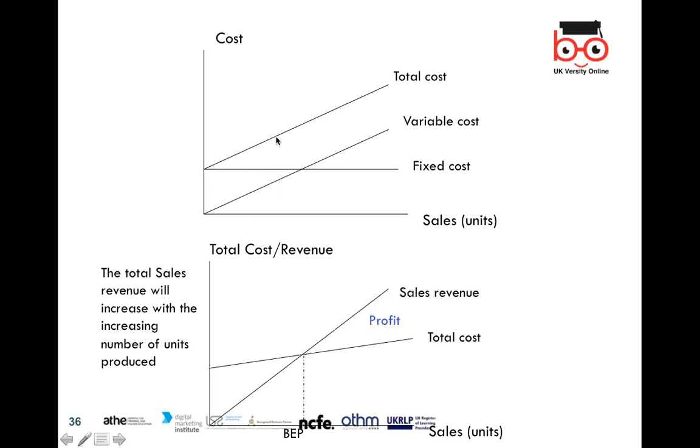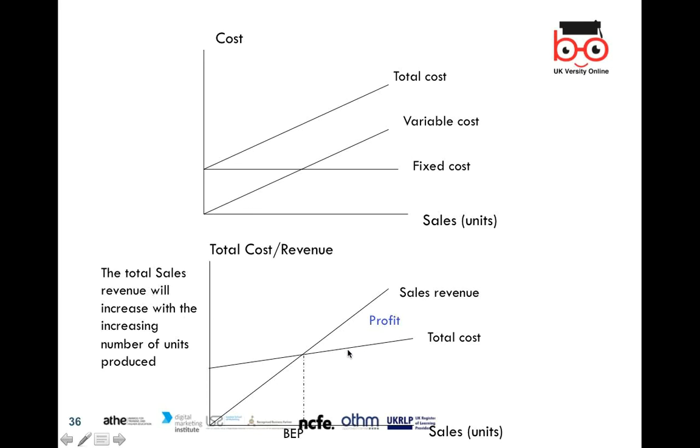So this sales revenue line should be here. When the sales revenue line and the total cost line intersect at one point, that's our break-even point. This area is our loss zone, that area is our profit zone, and this point is the no profit no loss point.